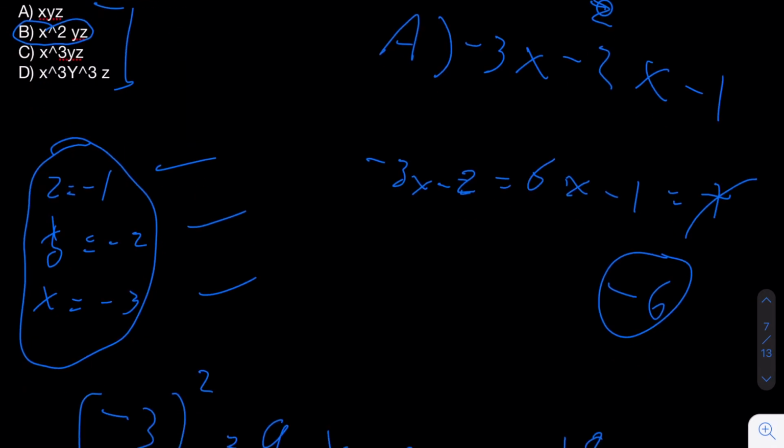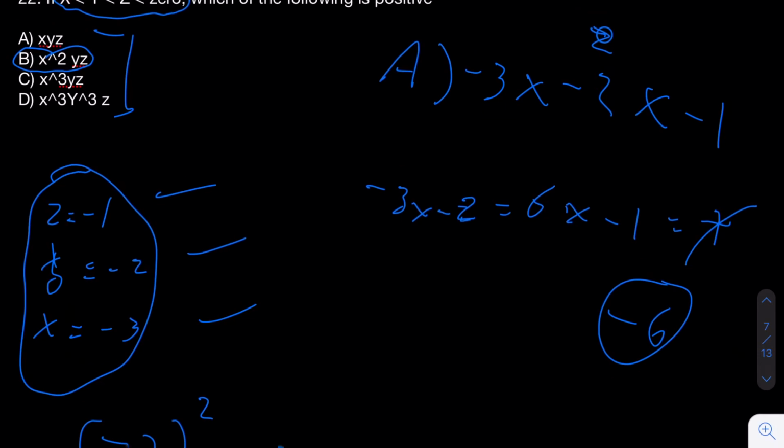So what does that mean? We know, for example, all of these numbers are negative. It doesn't matter what value they are, right? All of them are negative. That's the given here. They're all less than 0. So any negative number squared is a positive number. That just gives you an insight on what to do.